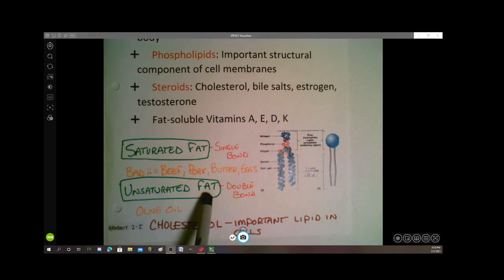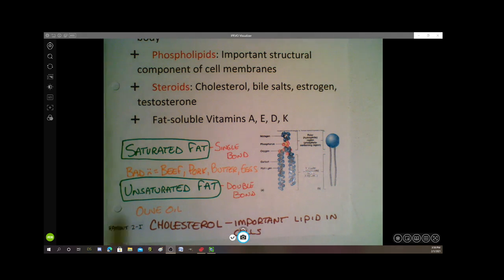Unsaturated fats are plant fats, and the difference is their bonding. They have double bonds instead of single bonds. But these are plant fats. I don't know why I only have olive oil listed, but it's all vegetable oil. Canola oil, olive oil, corn oil. Any vegetable oil is unsaturated fat.